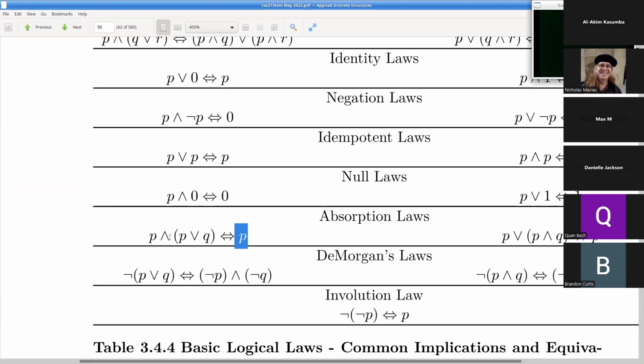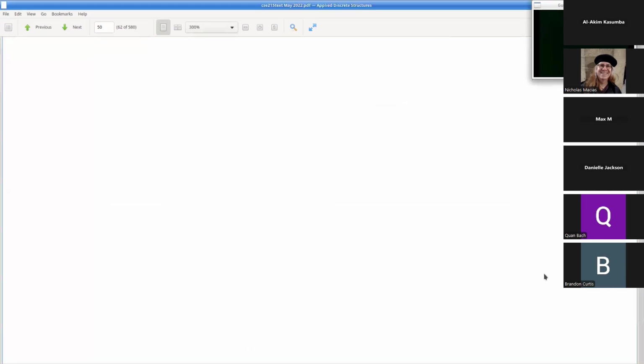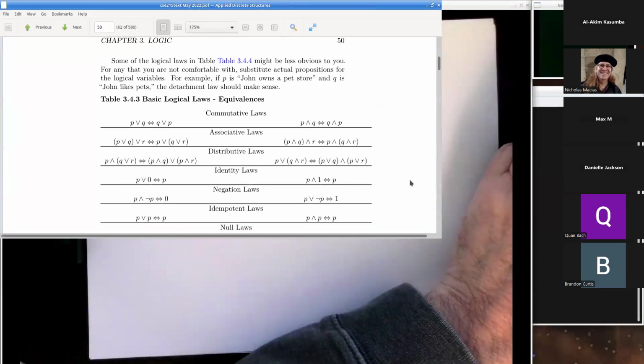So it can make sense logically if we think about it. But we could also make a truth table. And a truth table will easily show that this has the same truth table values as just P. So truth tables are a mechanical way to show logical equivalence, but it's not the only way.